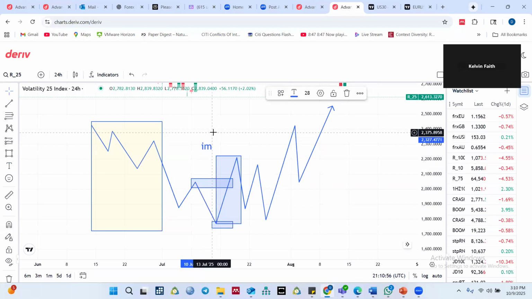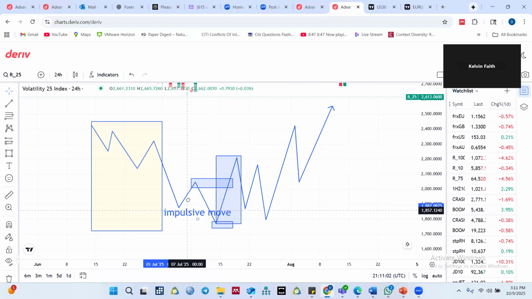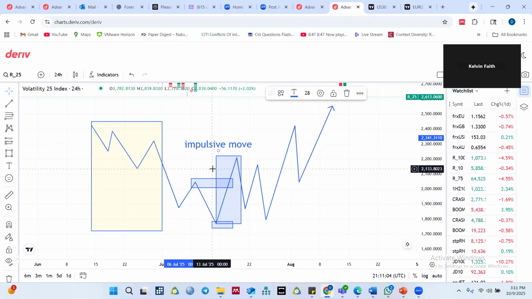Impulse. The impulsive move. This one. So always, the impulsive move must break structure. It must take some kind of a previous high or previous low. We can flip this for a bearish market situation.